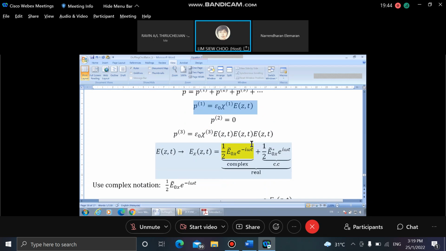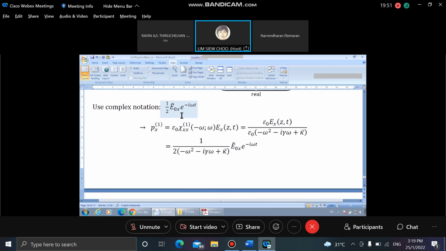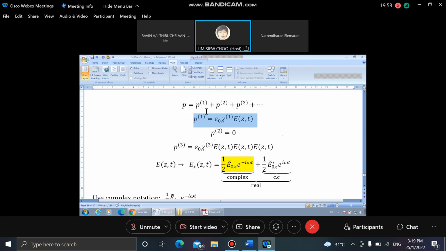So you know that we have solved our P1. We have solved this, and will mention about this later. We also have solved our P2. P2, we solved it is 0 because we consider our dielectric is central symmetric, I mean very high symmetry. So we have this.